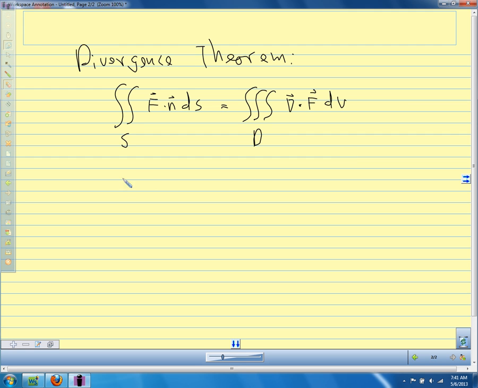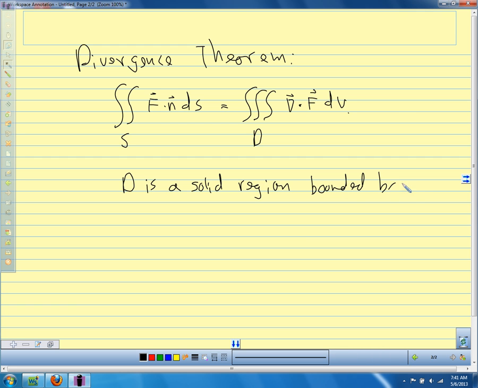So D is a solid region and is bounded by a closed surface. It's important that we're talking about a closed surface here. And n is the outward unit normal vector.